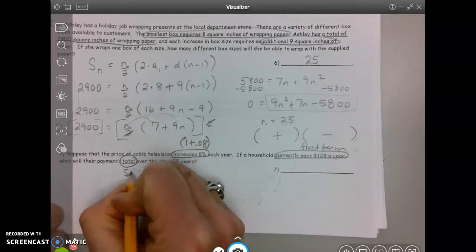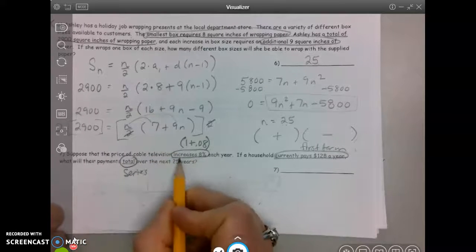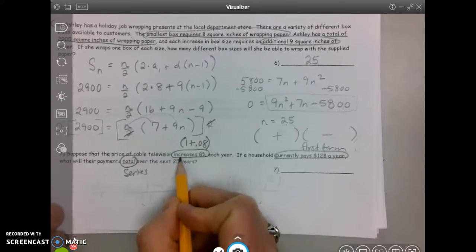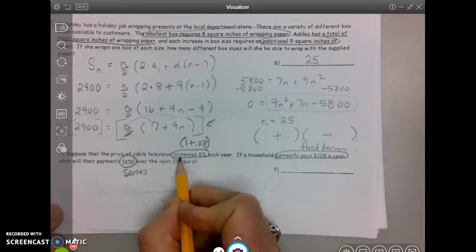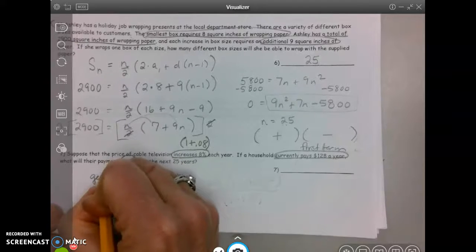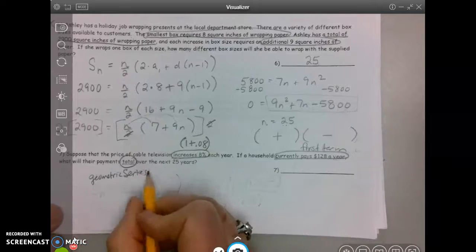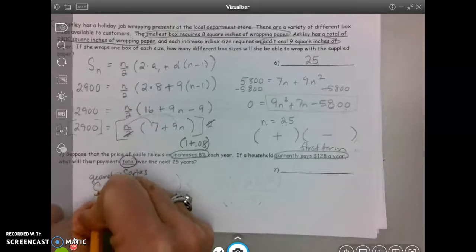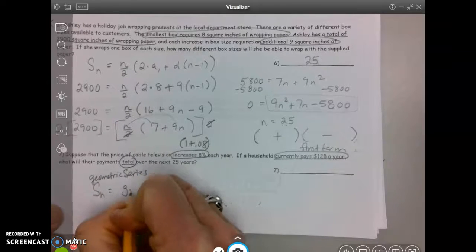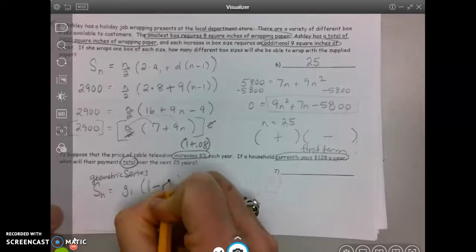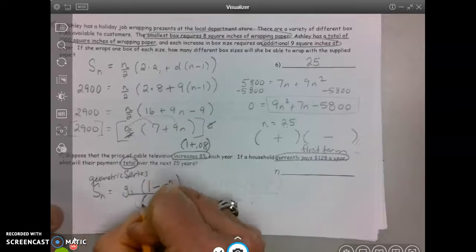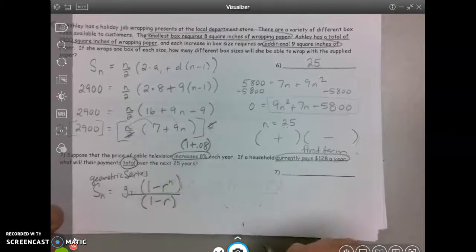That means we're going to be looking at a series. And since it's increasing by 8%, not a constant difference, but a constant ratio, this is indeed going to be a geometric series. So I'm going to use my formula S sub n equals the first term times 1 minus r to the n, all divided by 1 minus r.